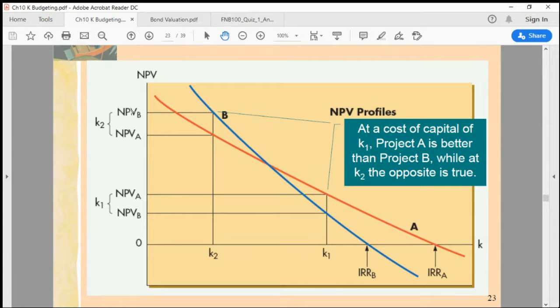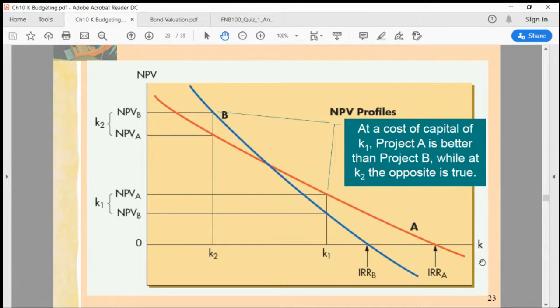So then project B is selected if cost of capital is K2. But let's see what happens if cost of capital is K1, which is much higher cost of capital than K2. And in that case, net present value of A is greater than net present value of B. So there's no problem, right?